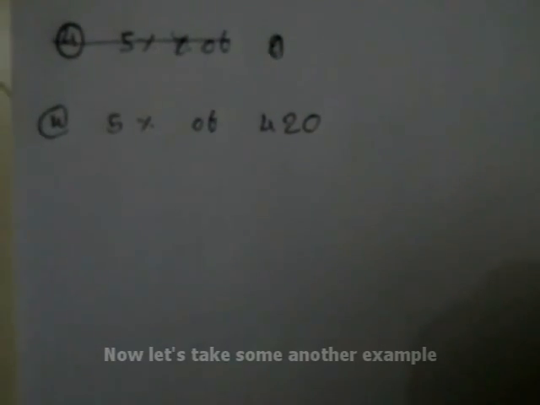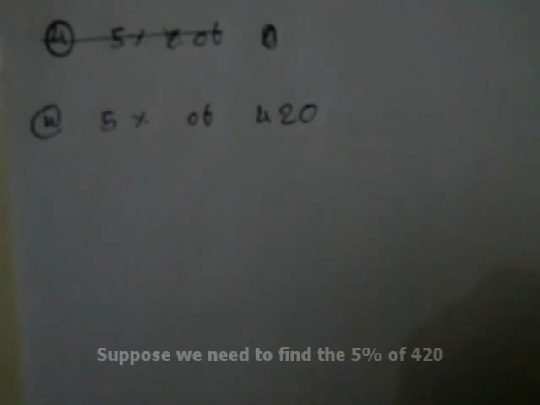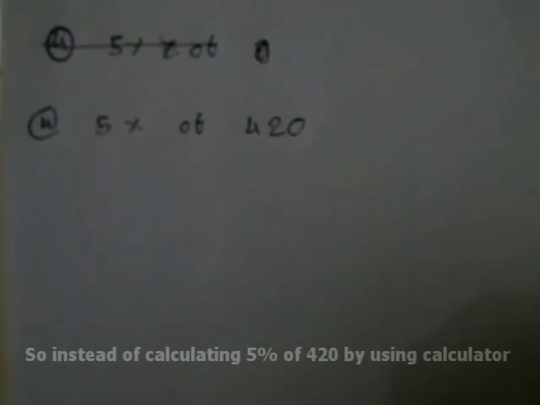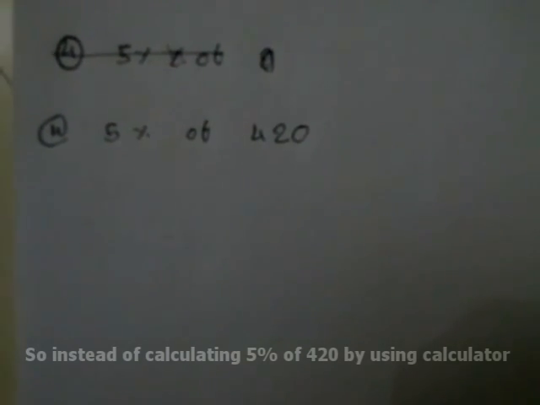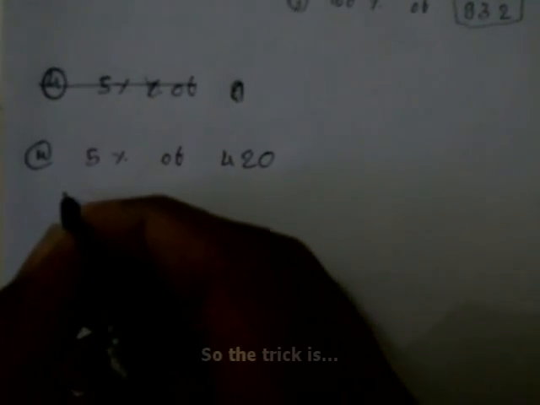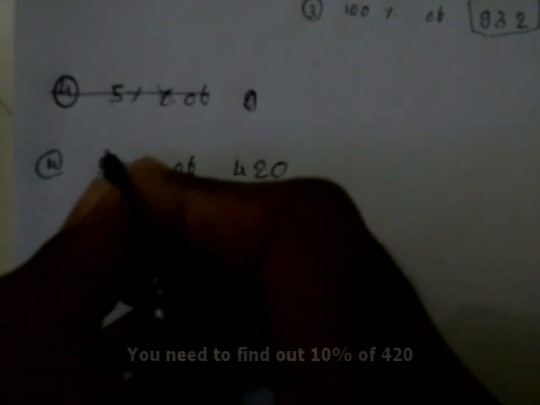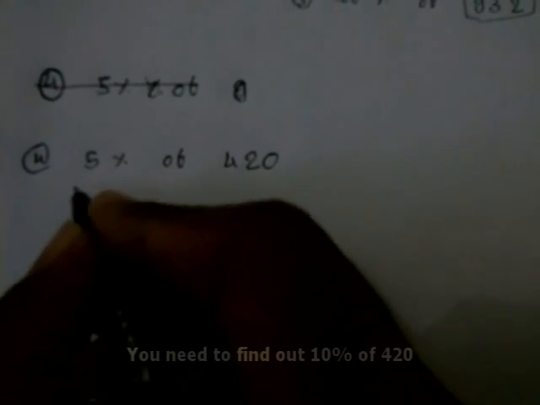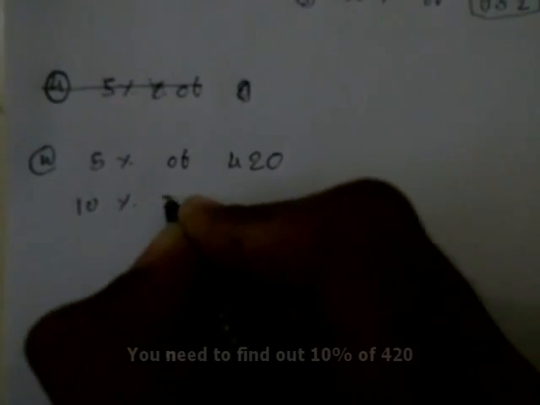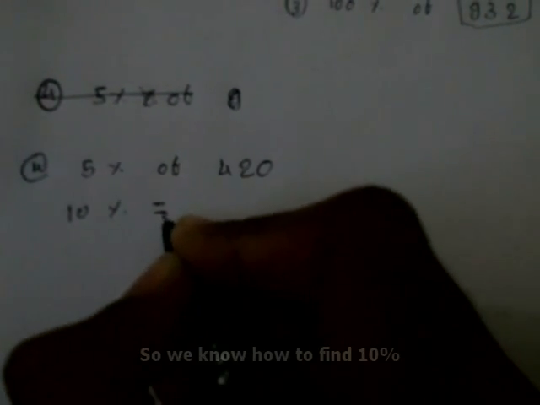Now let's take another example. Suppose we need to find out 5% of 420. Instead of calculating 5% of 420 on a calculator, you can calculate it in your mind within a fraction of a second. The trick is, all you need to do is find out 10% of 420. We know how to find 10%.